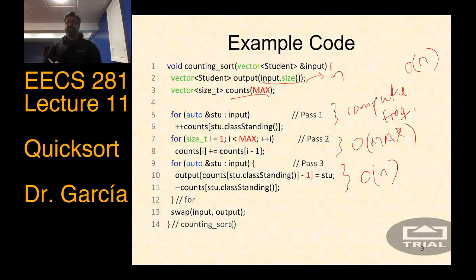Of course, a big additional issue here is the fact that it's not in place, right? So we are creating a separate output vector or array, and at the last line here, line 13, we're going to swap such that the input container now has whatever the output was at the end of the closing curly brace.